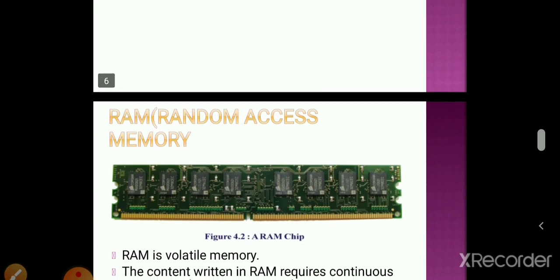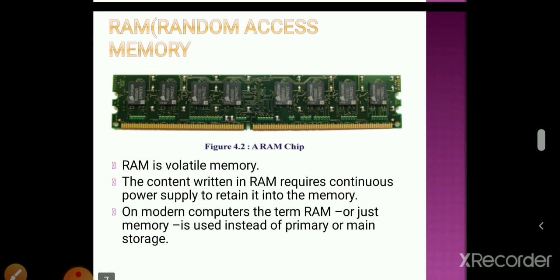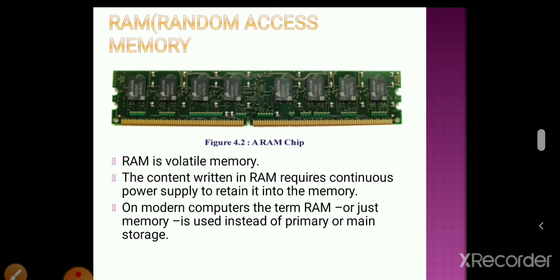Now we move to our other portion, RAM. You can easily see this is a picture of RAM. The full form of RAM is random access memory. This is a picture of a RAM chip.